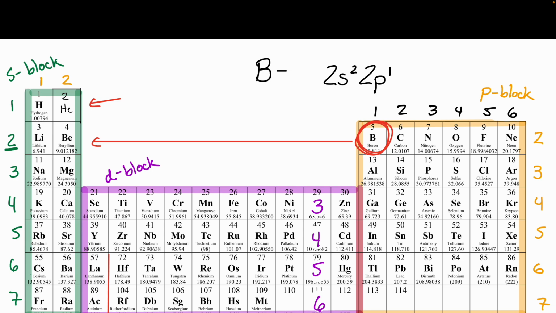Cool. So boron's electron configuration is 1s2, 2s2, 2p1. Again, where boron lives on the periodic table tells me the last orbital in its electron configuration. And then I have to include everything that came before those orbitals on my periodic table. All right, cool. So y'all are going to take a minute and do silicon for me.